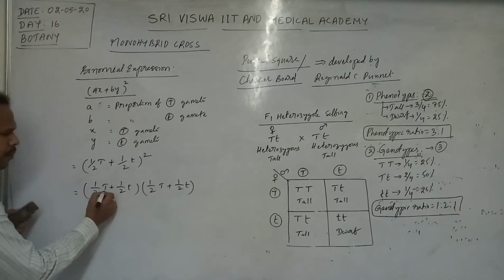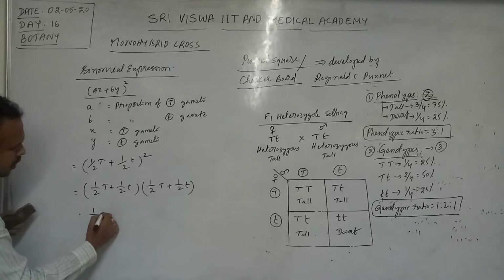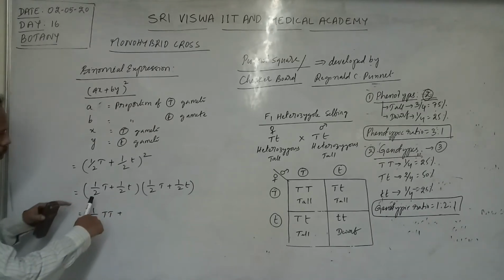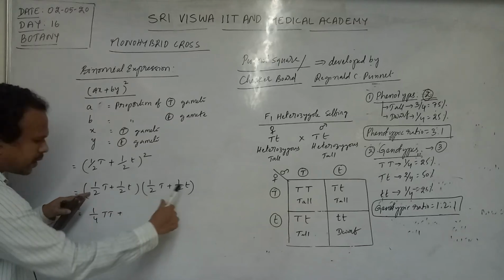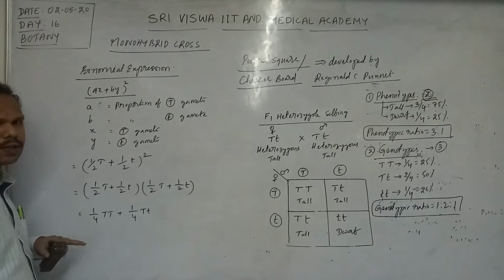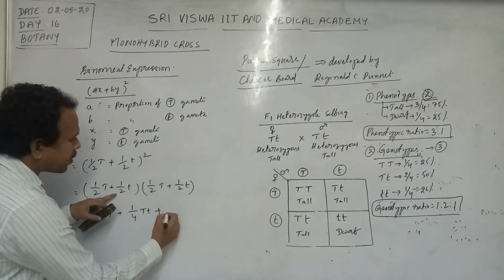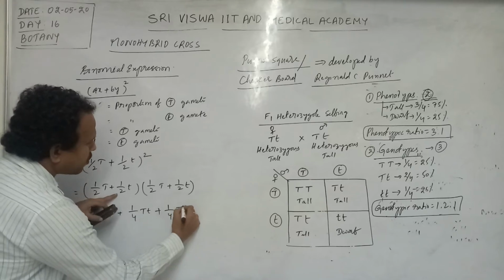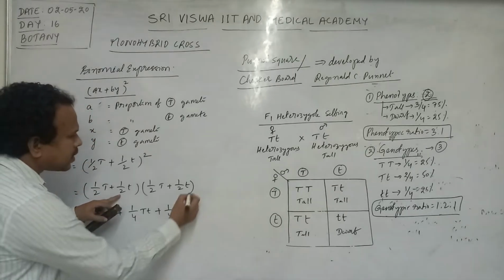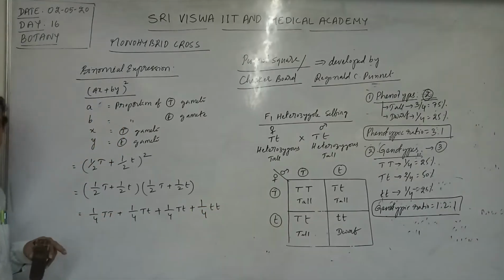Then 1 by 2 capital T into 1 by 2 capital T, that is 1 by 4 capital T capital T, plus 1 by 2 capital T into 1 by 2 small t, 1 by 4 capital T small t, plus 1 by 2 small t into 1 by 2 capital T, 1 by 4 capital T small t, plus 1 by 2 small t into 1 by 2 small t, 1 by 4 small t small t.